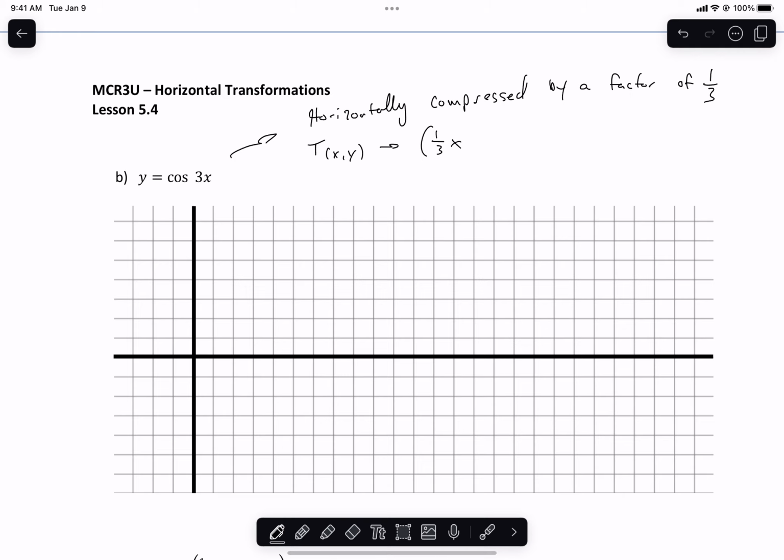So we just got to figure out, maybe collaboratively, what we're going to count by, what our scale is going to be on the x-axis for this one. We got to be smart about it. The other one might not be bad, actually. If we count by every 3 boxes is 90, I think that actually would be kind of nice. And for this one we'll be able to draw a couple cycles because we're going to compress it.